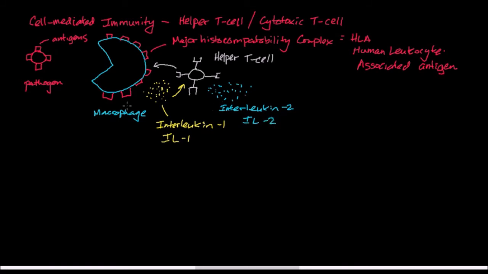And interleukin 2 attracts other types of lymphocytes. Since we're talking about cell-mediated immunity, the lymphocyte that interleukin 2 is going to attract is a lymphocyte called a cytotoxic T cell.